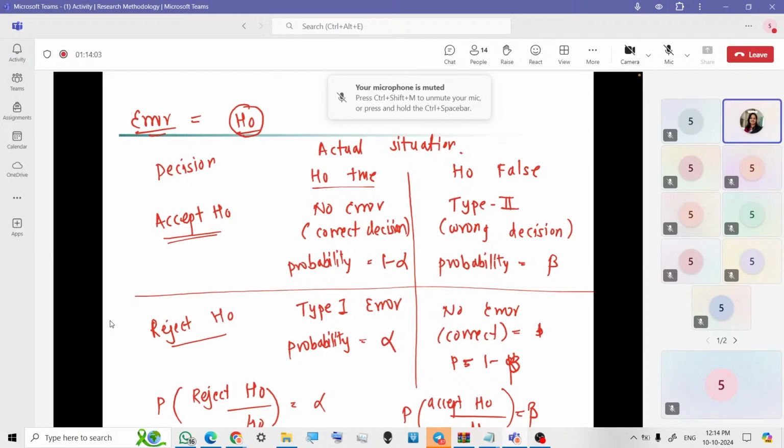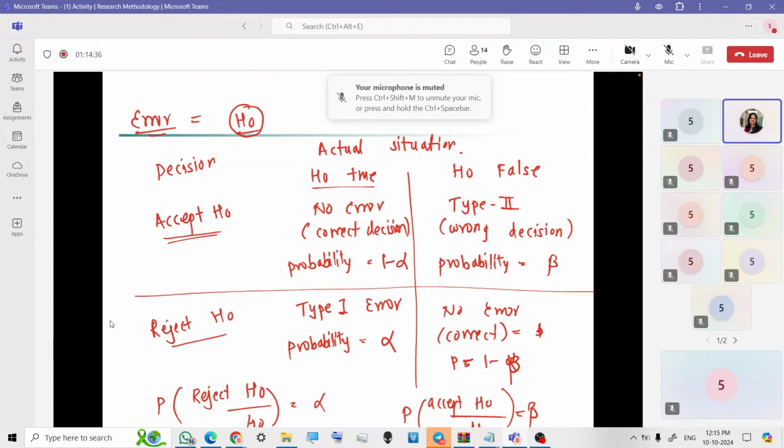Now, in the first case, whenever I'm accepting my H0 when it is actually true, there are no errors in this case, right? In the second case, what I'm doing is rejecting the H0, but it was actually true.